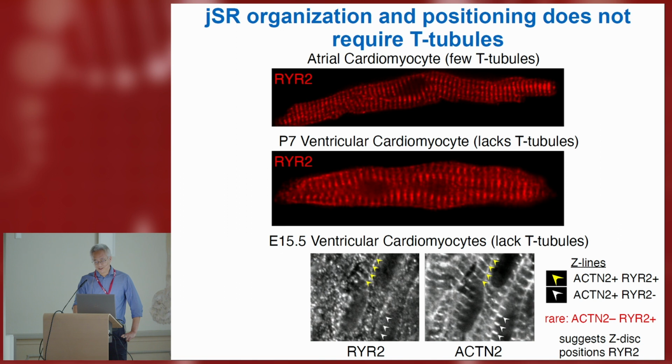And if you go back to E15.5 cardiomyocytes that are still assembling their sarcomeres, you can see that when the ryanodine receptor is lined up, it's always next to a Z line. But you very rarely see a linearly organized ryanodine receptor without a Z line. So this suggests that the signal is coming from the Z disc to position the ryanodine receptor.